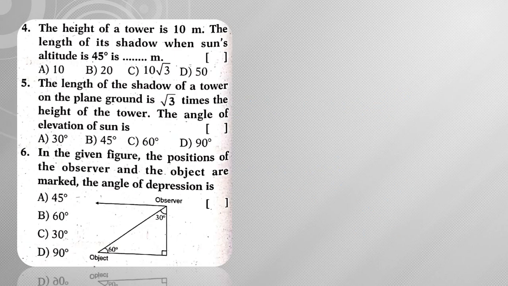Next, question number 4. The height of the tower is 10 meters. So height is given as 10 meters, and the length of its shadow when the sun's altitude is 45 degrees. So clearly when the sun's altitude is 45 degrees, the answer is the same as the height. The length of the shadow of a tower on plain ground is root 3 times the height of the tower. So suppose I consider height as h, then the length of the shadow d is equal to root 3 times h.